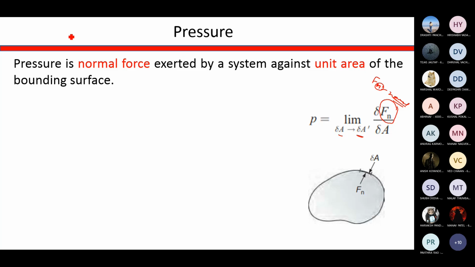So those who say pressure is force per unit area are actually using it in the wrong sense. You should not say only force per unit area, rather you should say more specifically normal force per unit area and not just force per unit area. That's why this F to the base N is written here.